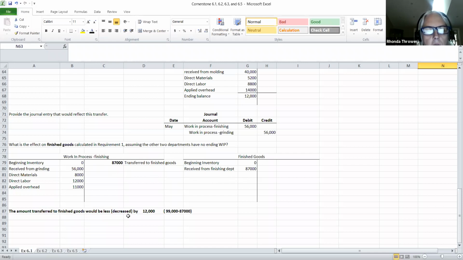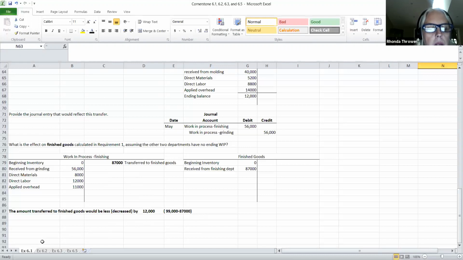It's actually decreased by $12,000. In other words, from part 1, the work in process was $99,000 that you transferred out to finished goods. And this time it's $87,000. The difference between these is a $12,000 decrease in the amount that was transferred to our finished goods.